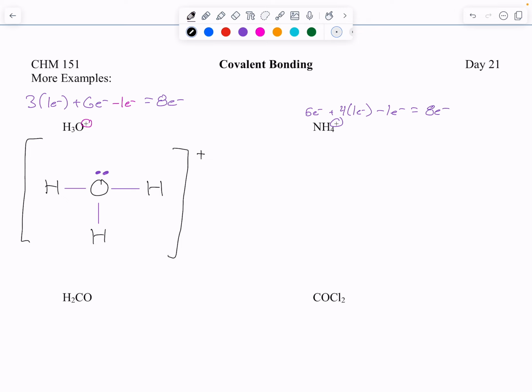Middle, central atom, not hydrogen, so it better be nitrogen. You got 4 H's. North, south, east, west is fine, especially at this point. And it's positive. 2, 4, 6, 8. That's good. All I have is duets for hydrogen and 8 for nitrogen. That's all we have.